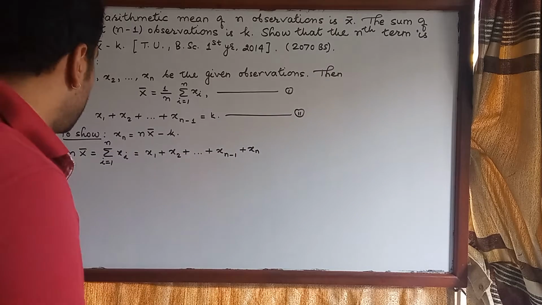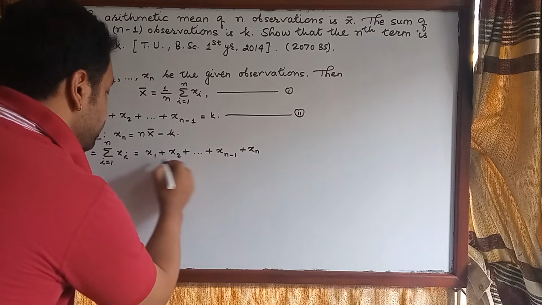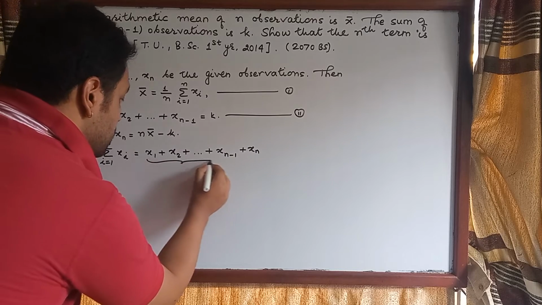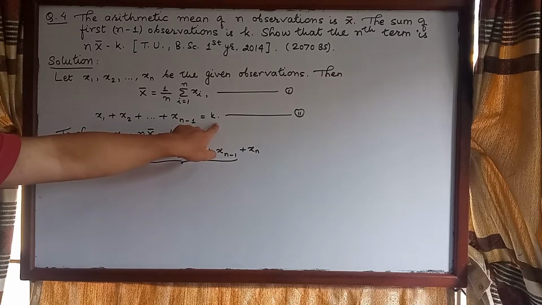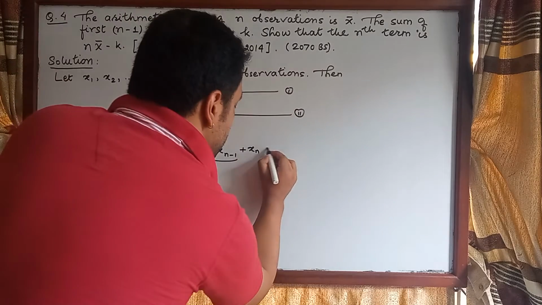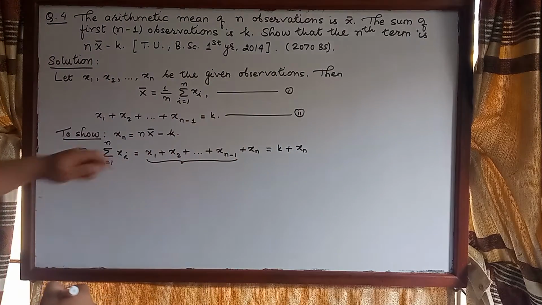And we have the value of this sum up to x(n-1) to be k from equation 2. So this is equal to k plus xn.